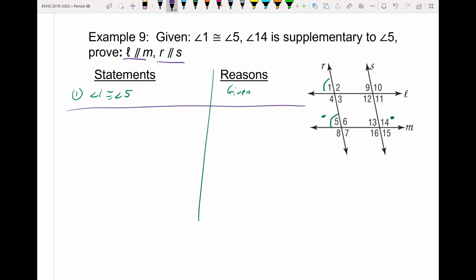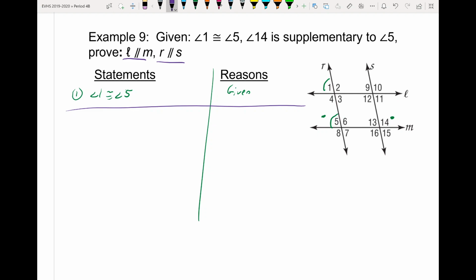Okay, so let's first just talk about 1 and 5. Is that one of my special pairs? Okay, it's what kind of pair? Corresponding angles for which 2 lines, though? Yeah, the corresponding angles for L and M. So, on L and M, I've got the corresponding angles are congruent.